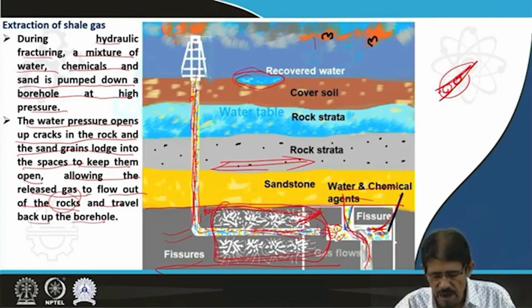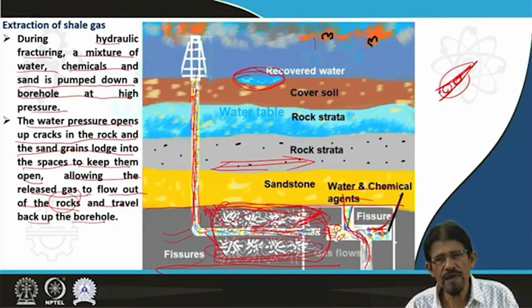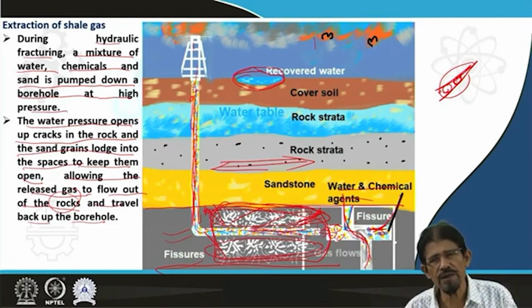Because the recovered water is polluted in nature, it requires a lot of precautions to clean the water for reuse. On the other side, due to the formation of fissures and cracks, there is a development of voids as well as discontinuities, meaning fractures, cracks, etc.